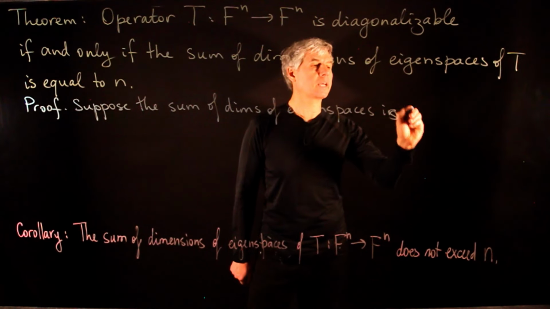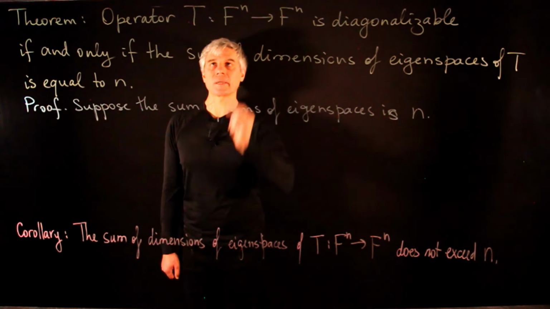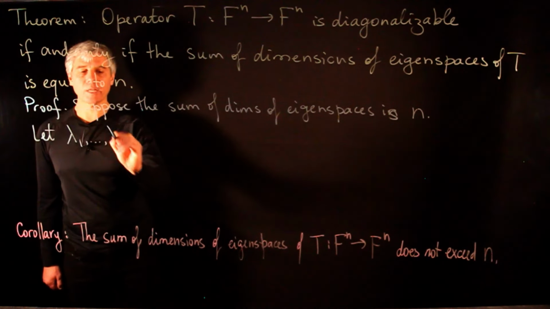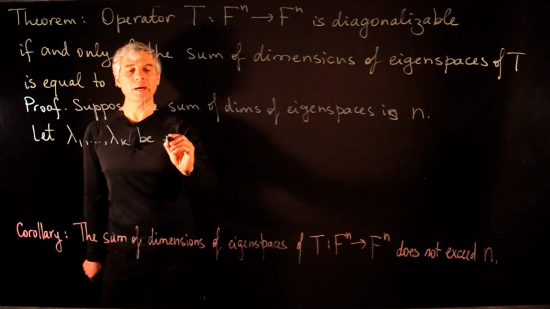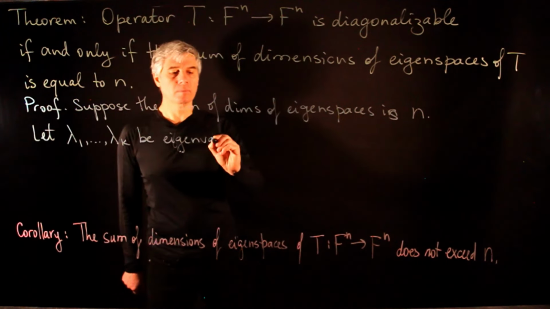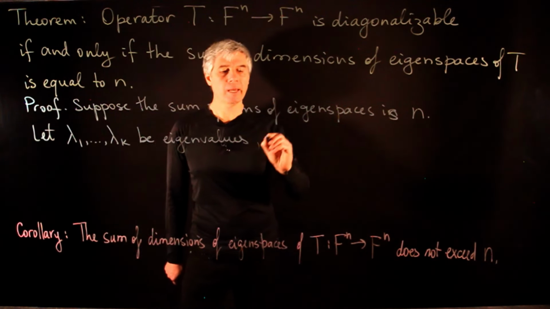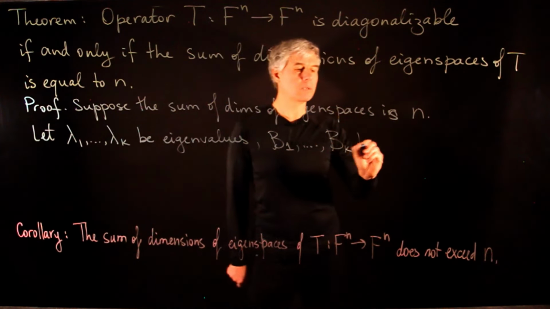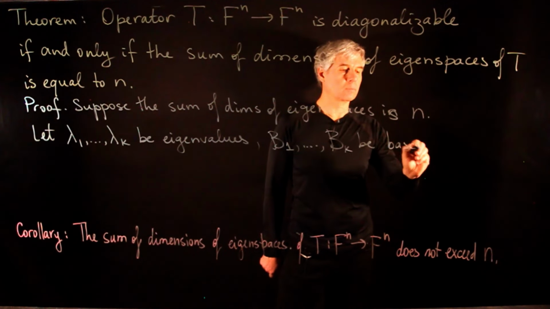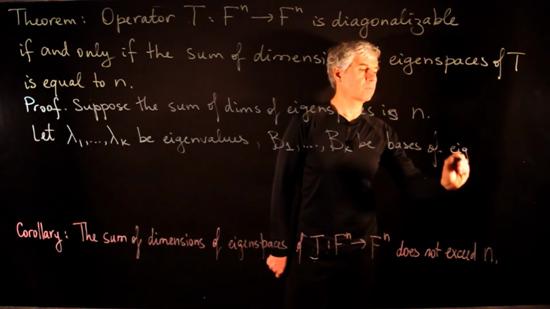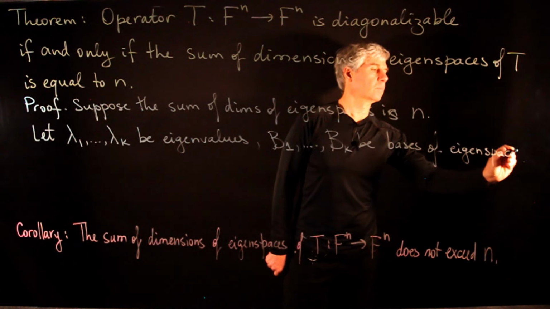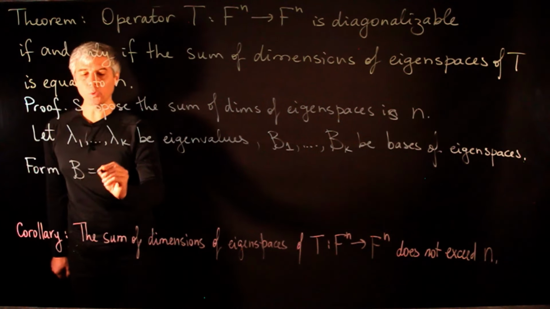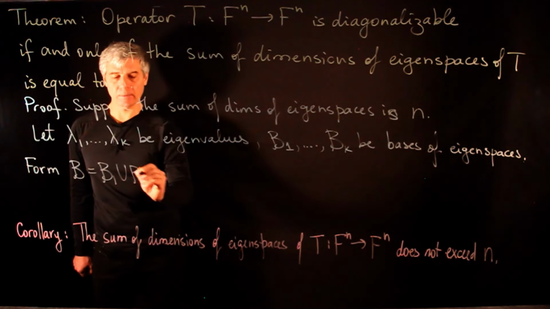is equal to n. Let us show that this operator is diagonalizable. Let lambda 1 through lambda k be eigenvalues, and let b1 through bk be bases of eigenspaces. Form a set B as a union of all these bases.